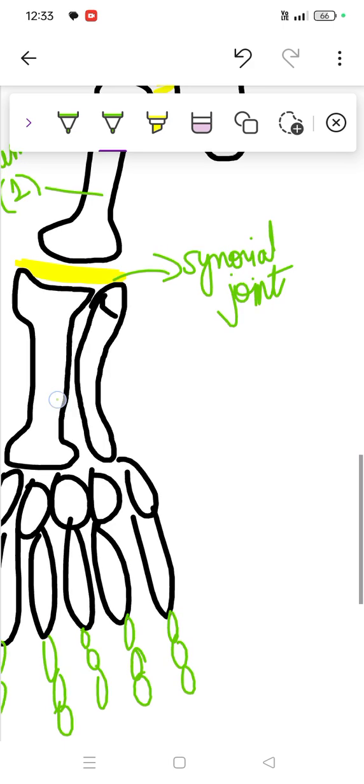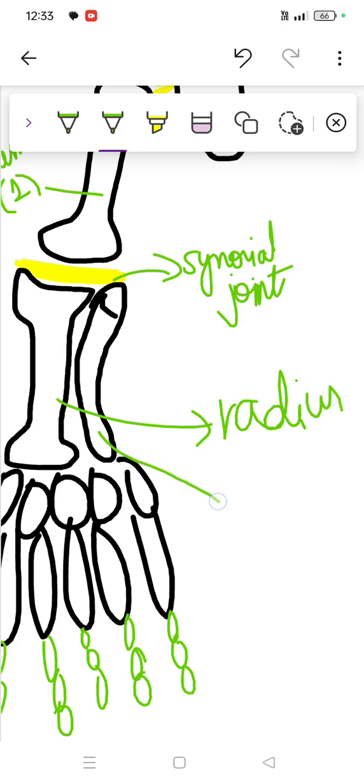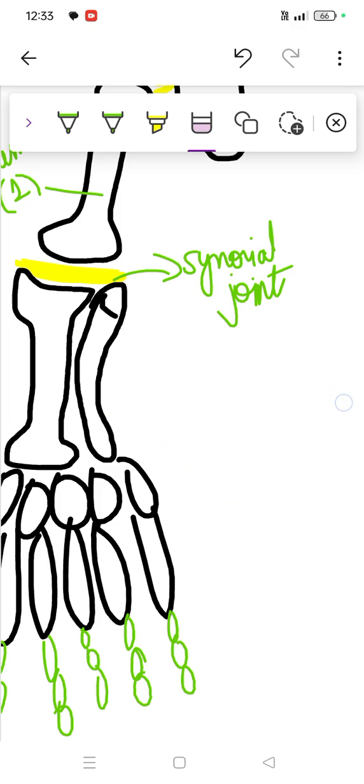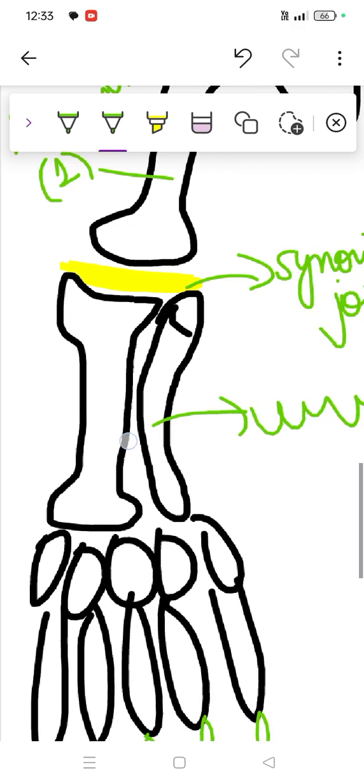Here this one bone is called the radius, and this small structure is called the ulna, right? I'm making the ulna and radius on that side. This is called the ulna, this is called the radius.